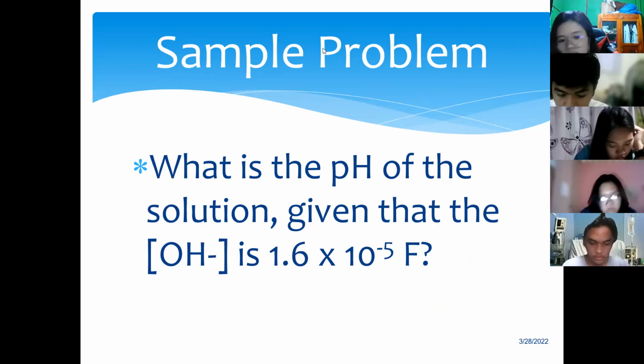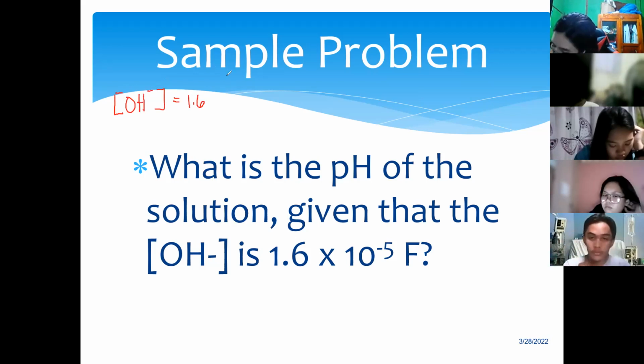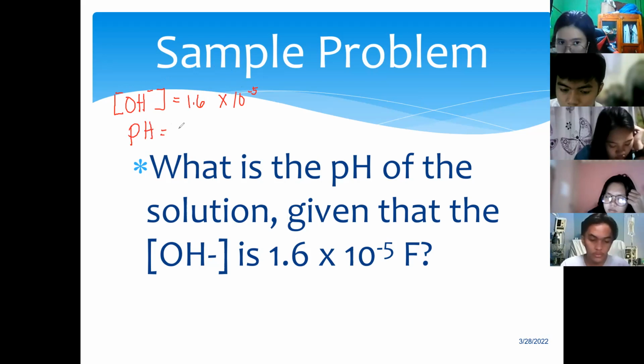Ano daw yung ating given? The given in this problem is the OH negative, and that is 1.6 times 10 raised to the power of negative 5. Okay, and then what we are looking here is the pH.